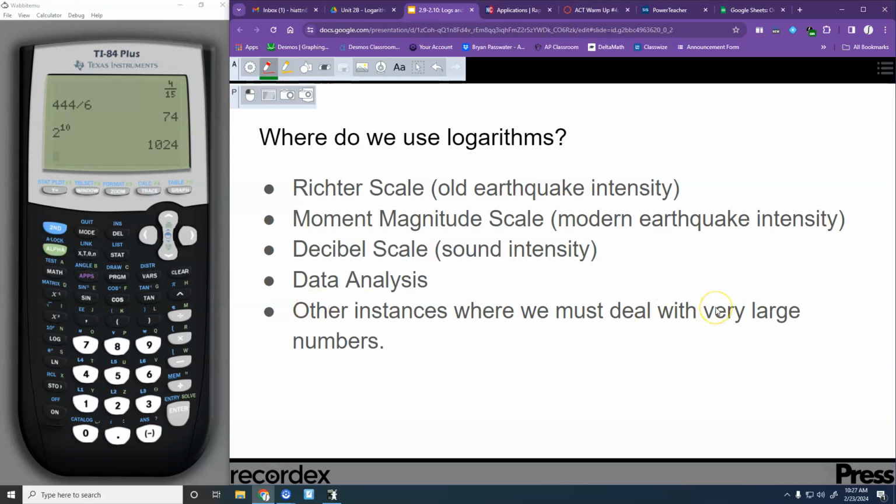Basically, my last one, anytime you get really large numbers, exponential kind of growth, it may sometimes be helpful to look at that logarithmically instead of just with the straight numbers. So these are all different instances that hopefully we'll get to look at. There's a whole section on application that we'll get to, and we'll do some regressions and stuff like that. So these are all applications that you might see.